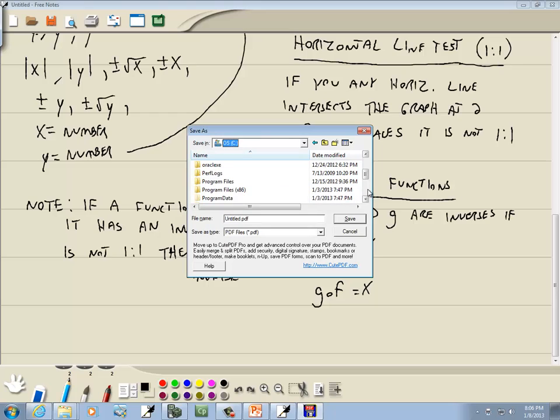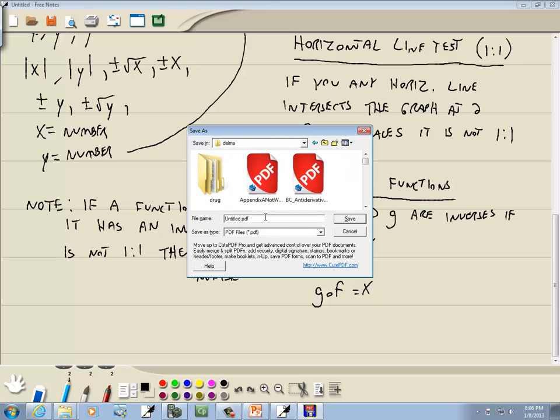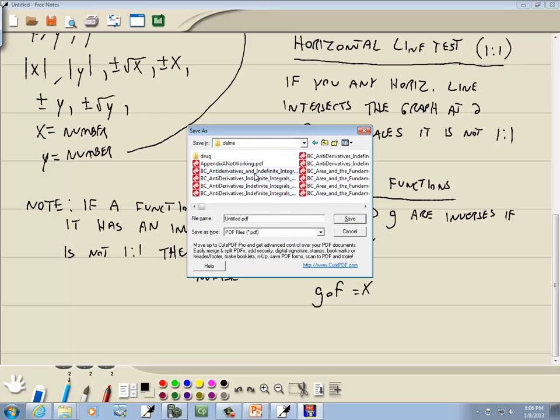And okay, this would be Calc 1. Inverse functions. Part 1, page 01.pdf. There we go.